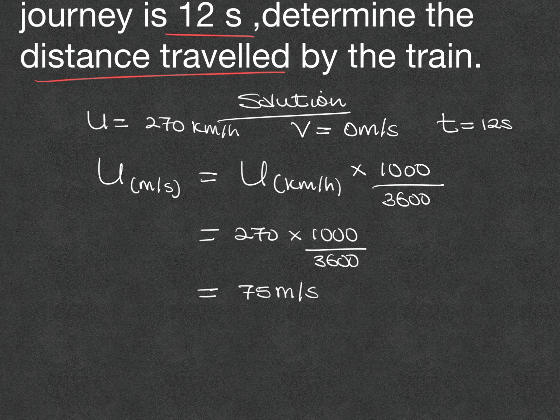Okay, now we have the initial velocity, we have the final velocity, we have the time. So we want to find the distance s, which we don't know. So in a question where the acceleration is not given, if you are having difficulties in reaching your answer, see if there is any possible way of determining the acceleration.